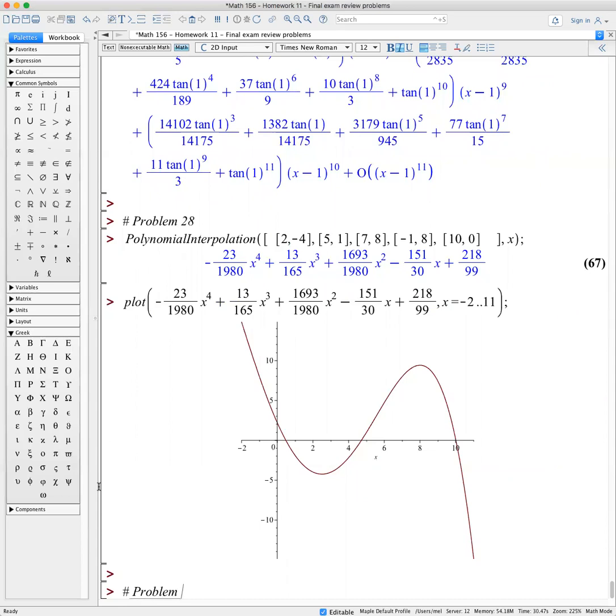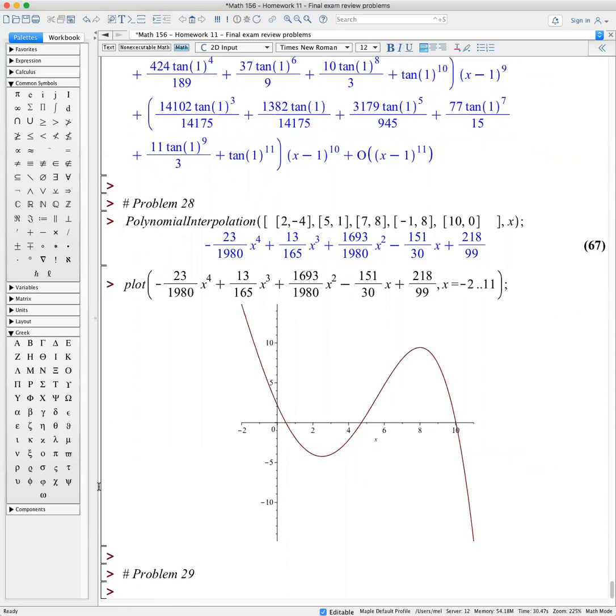Problem 29 is to solve an ordinary differential equation. So let's define my equation ODE to be the second derivative, DIFF, of y of x, comma x, comma x.